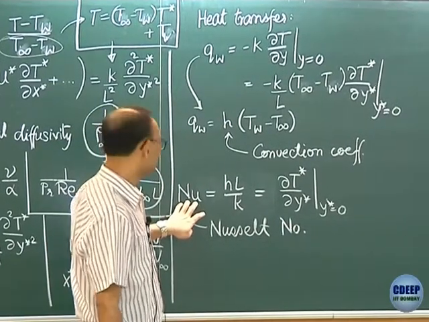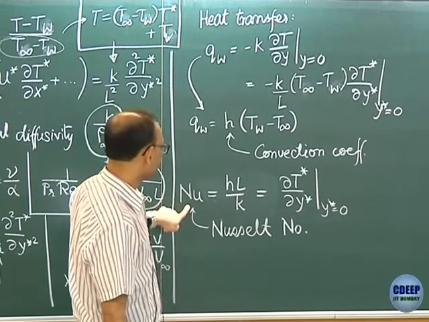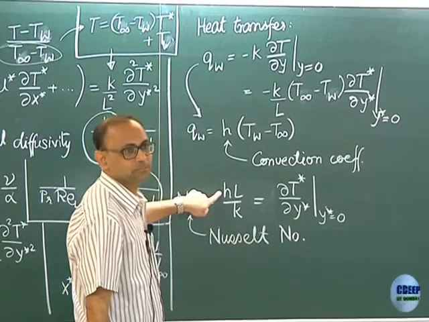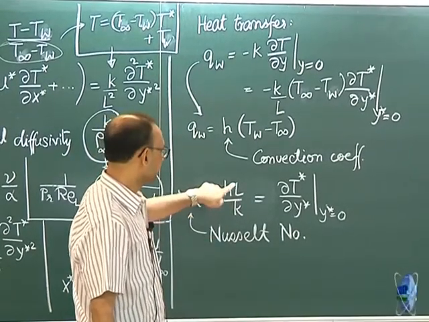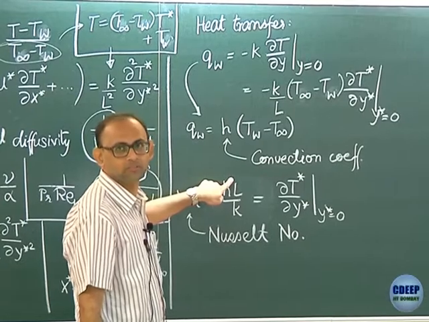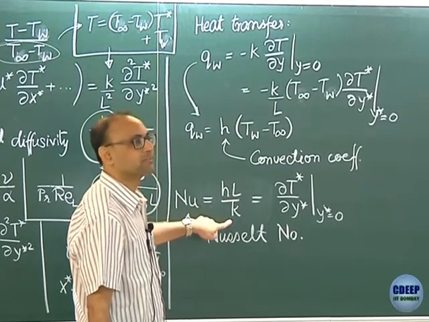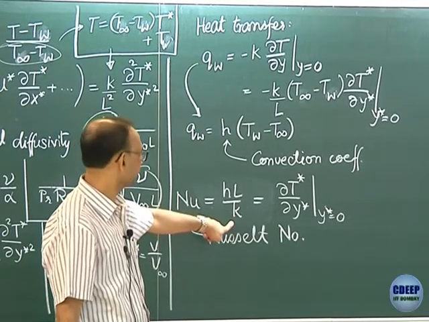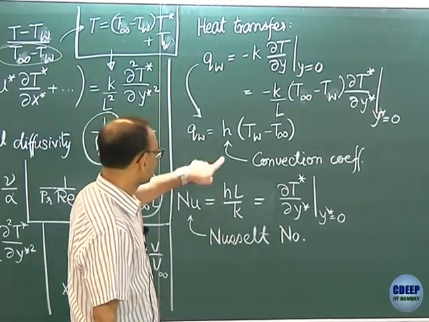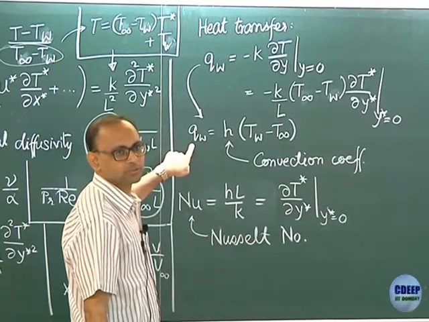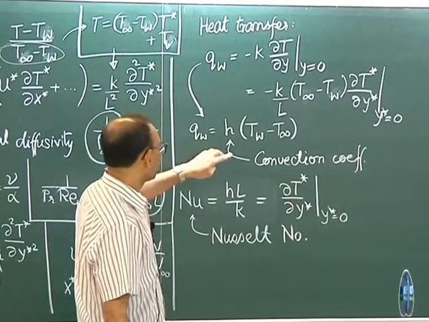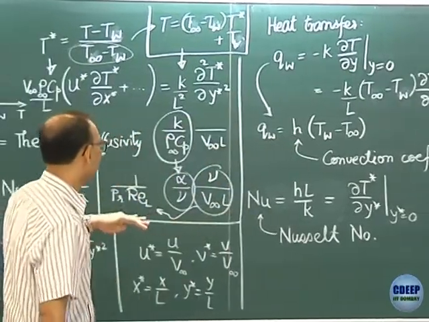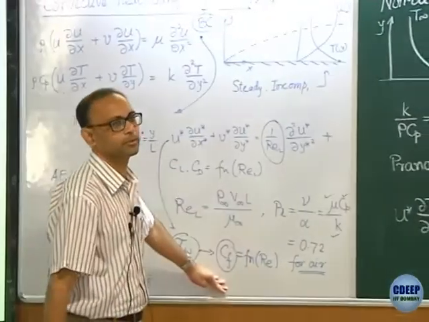It's not that easy to see, but Nusselt number is a non-dimensional number which tells you what the value of H is, for a given length of the plate and for a given conductivity of the fluid. Once we get H, heat transfer will come straight out of it. So H is nothing but a simplified version of heat transfer. So Nusselt number is now equivalent to skin friction coefficient in momentum.